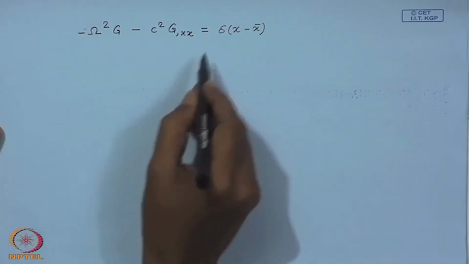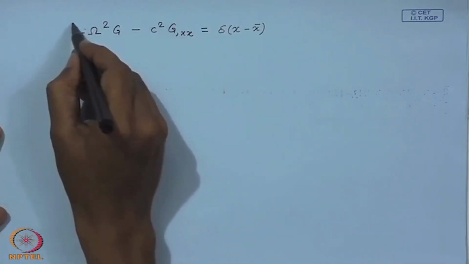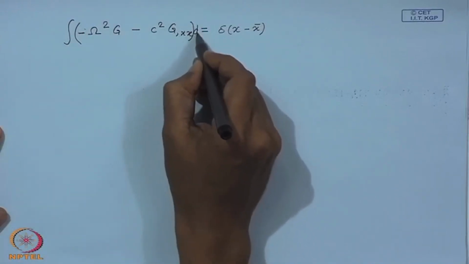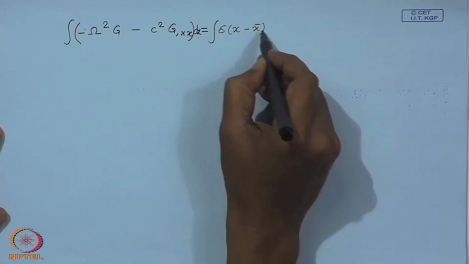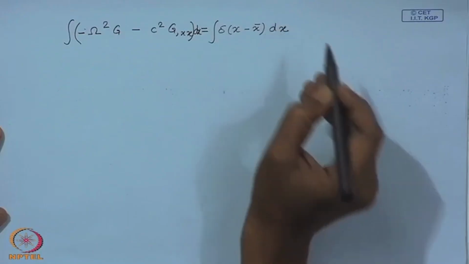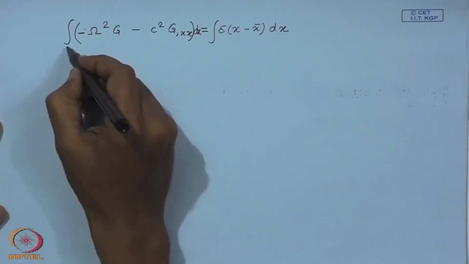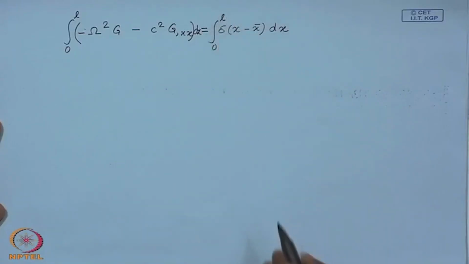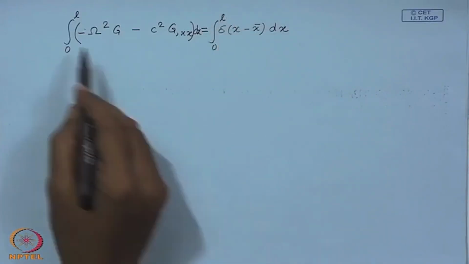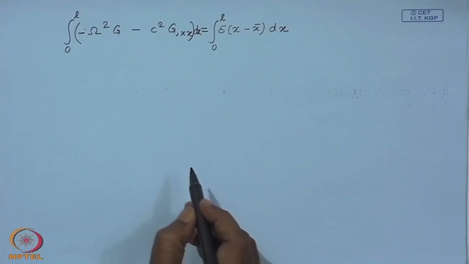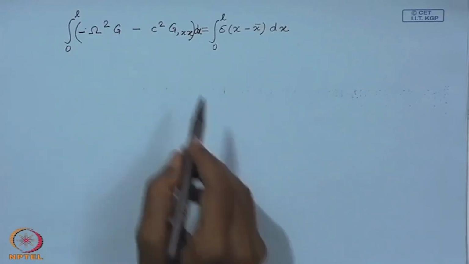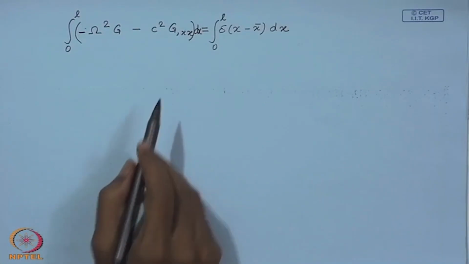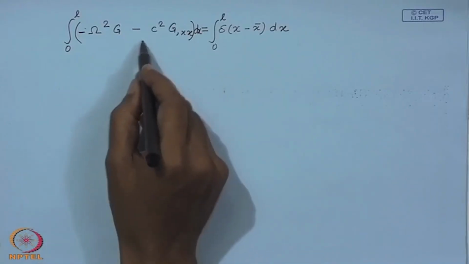If we integrate this on both sides of this equation over the domain of the string, then we can easily obtain the fourth condition, which is nothing but the force balance condition at the junction x equal to x bar.